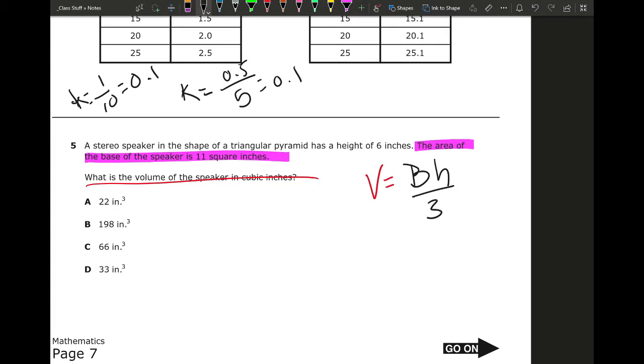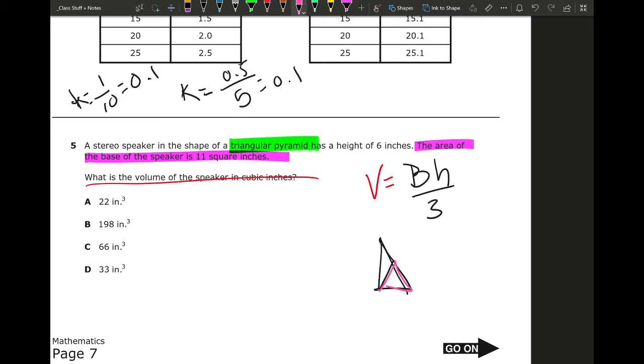I know I'm using that one because over here it tells me that it's a triangular pyramid. So that means I have a pyramid whose base is a triangle. In this case, the base is at the bottom. To find the volume, you have to find the area of the base.